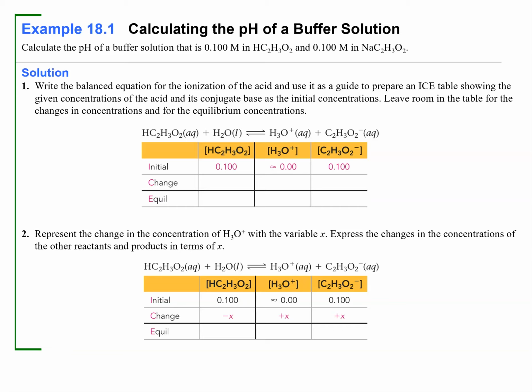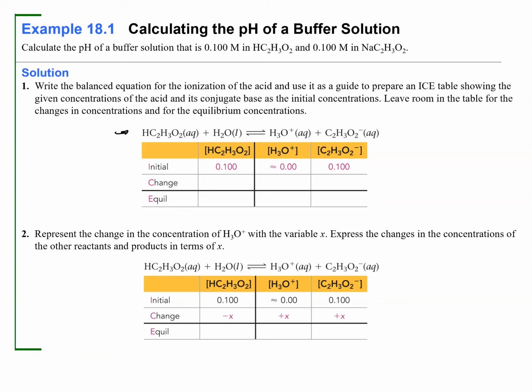So step 1, write the balanced equation for the ionization of the acid and use it as a guide. Well, here we have acetic acid, aqueous, in water, liquid, reversibly dissociates into hydronium, aqueous, plus acetate, aqueous. So this is our guide, right?